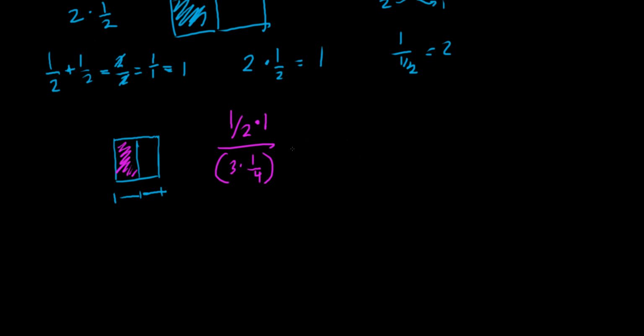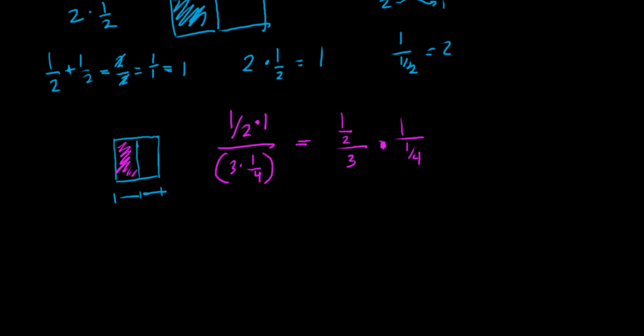And then I'm going to say this is 1/2 over 3 times 1 over 1/4, like that. Okay, so what is 1/2 divided by 3? Now we know how to do that.